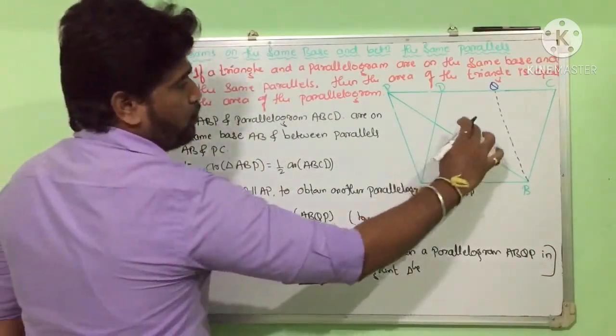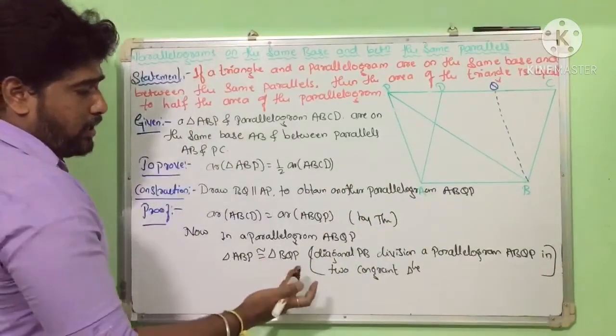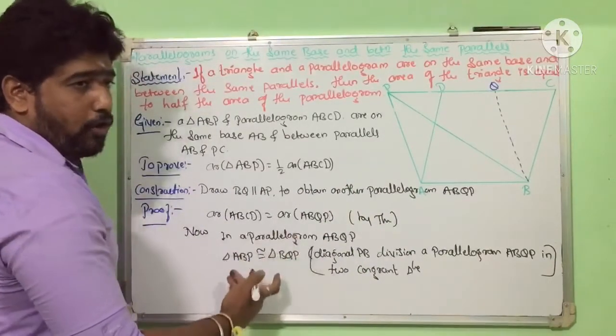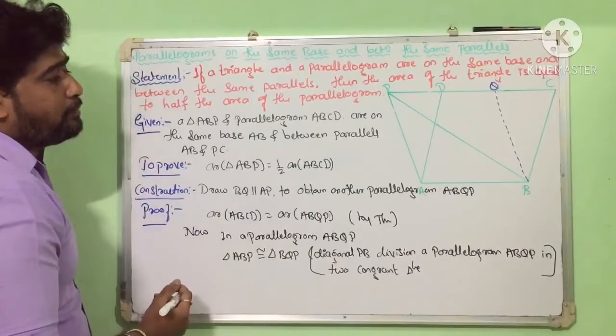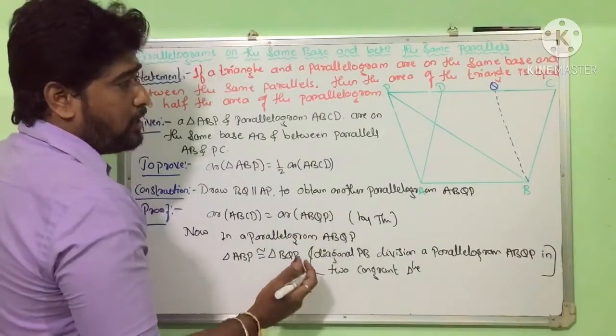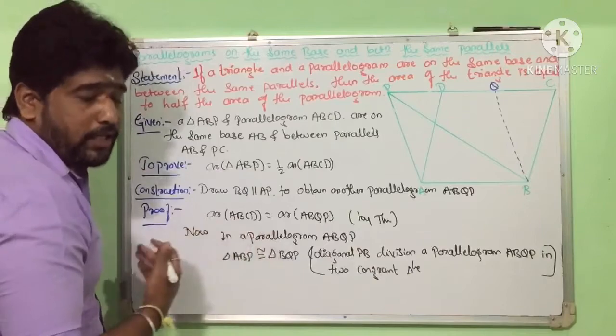So here these two triangles are congruent to each other. We already proved this in the quadrilateral first exercise, right? And we know that congruent figures are equal in their areas.